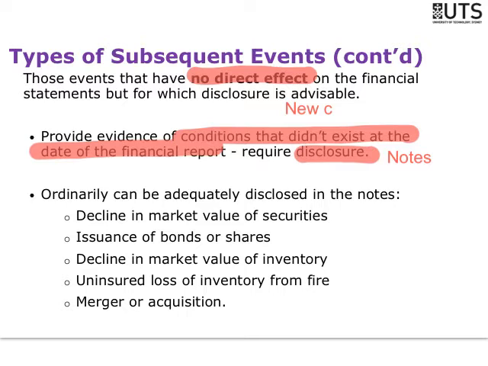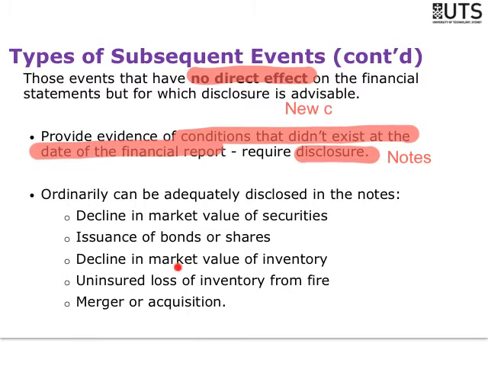But it doesn't affect the year-end value because we relied on the correct market value at the year-end. Now, after year-end, we might have also issued bonds or shares. If it's after the year-end, then it doesn't affect the financial statements because these events happened after the year-end and don't affect the year-end balances. Equity is still correct at the 30th of June. It's just after that, it's changed.